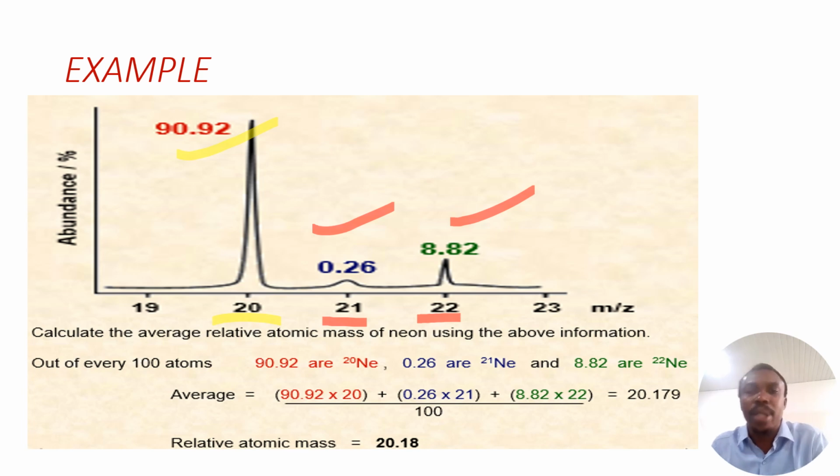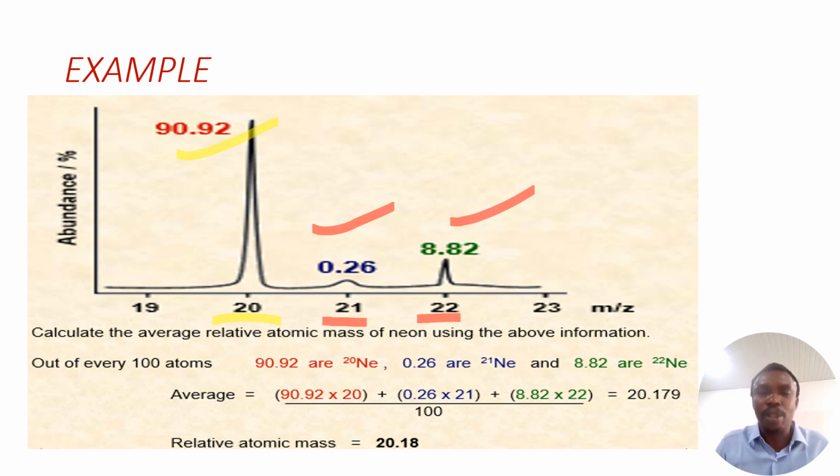Having identified the isotopes and the abundances, all we need to do is apply a formula to calculate the relative atomic mass. It will be equal to isotope 1 times abundance 1, plus isotope 2 times abundance 2, plus isotope 3 times abundance 3, divided by 100, which is the sum of the abundances of the isotopes.